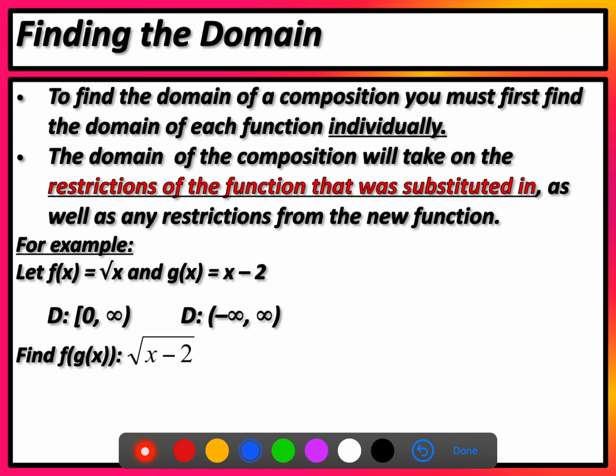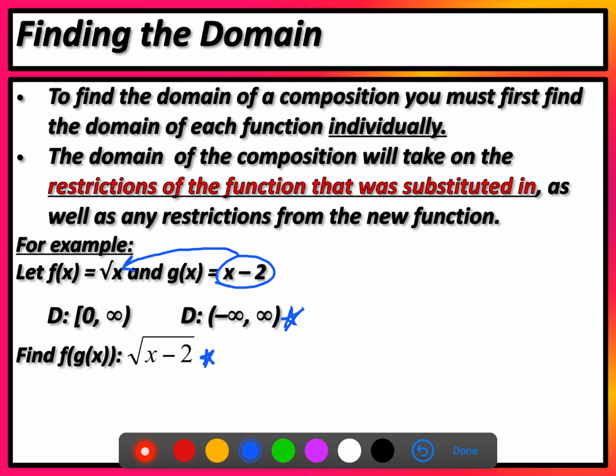Okay, if we compose f of g of x, that is taking x minus 2 and plugging it in to the square root. g was on the inside, which means we're considering the limitations from that domain as well as the limitations that you get from the new function.